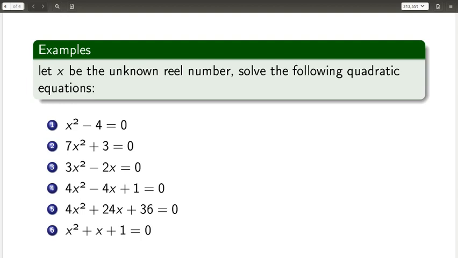For the third example, if we want to solve this equation, it's very easy. We remark that we can factorize by x.